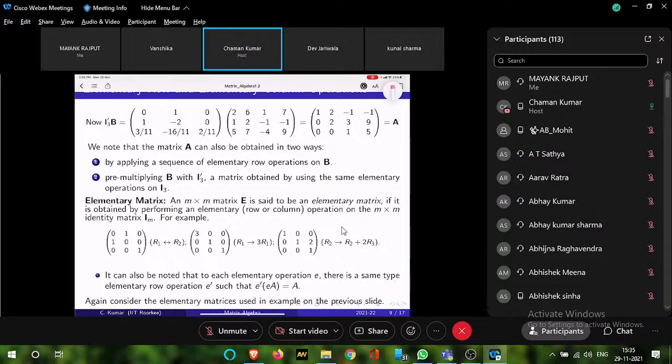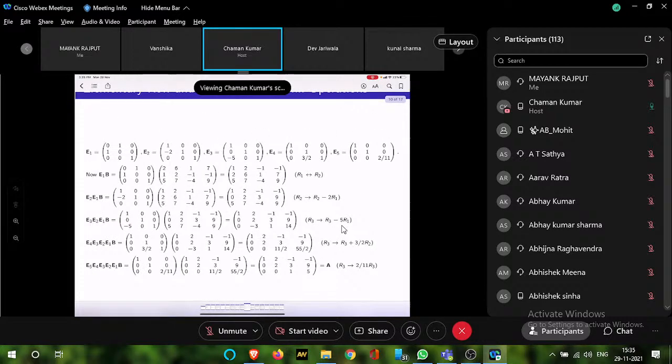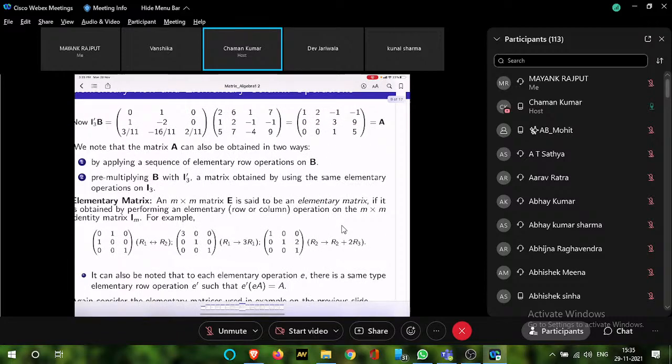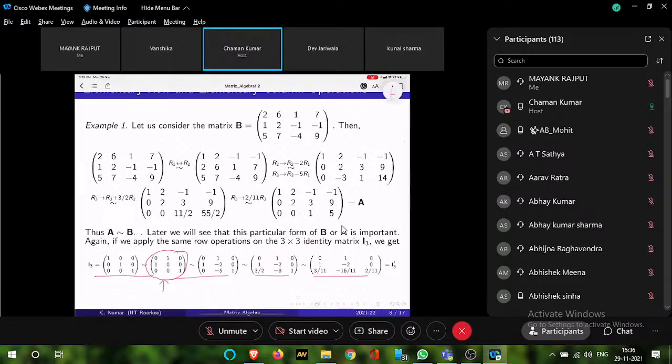Okay. So now let us consider the same elementary operations that we have performed in the previous example. So we have, let's say, an identity matrix 1 0 0, 0 1 0, 0 0 1. Now, what are the operations that we have performed on B? First operation on B was interchanging row 1 and row 2.